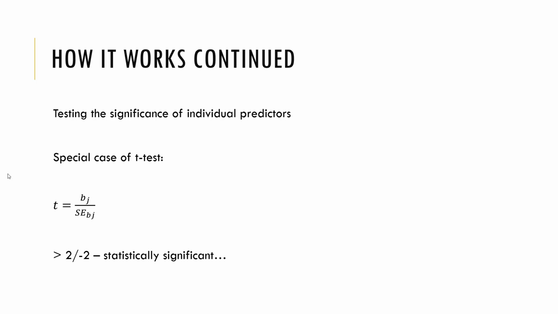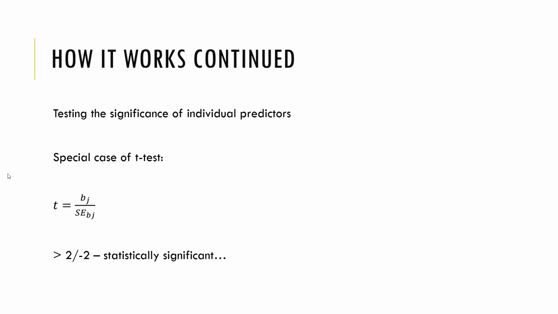So it's the b-value divided by its standard error. That will give us a t-value, and if that t-value is greater than 2 or minus 2, then it will be a statistically significant result.